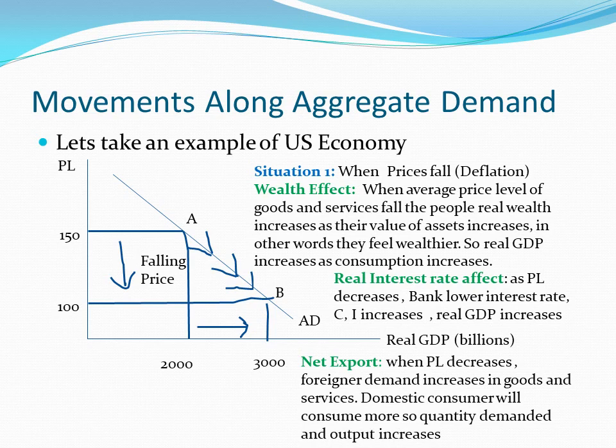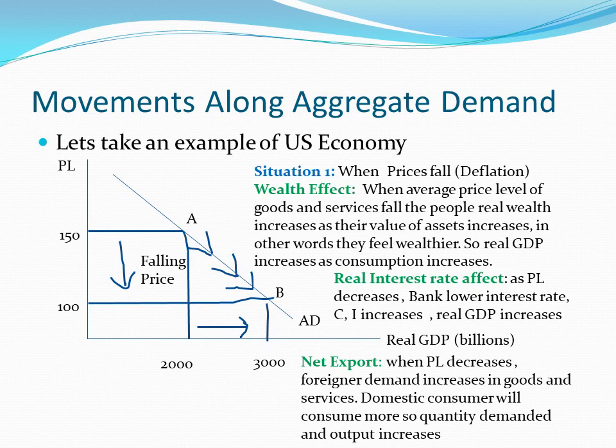The next effect when prices fall in the deflation situation is net exports. When the price level decreases from 150 to 100, foreigners' demand for goods and services increases. So the domestic consumer will consume more, so quantity demanded and output increase.